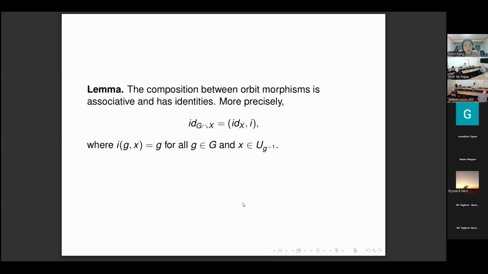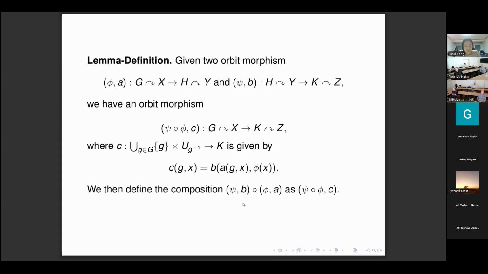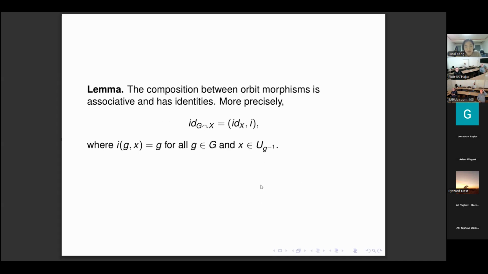Okay. And then here we can define a composition of these two orbimorphisms. And then the composition between orbimorphisms is associative, and also has an identity.